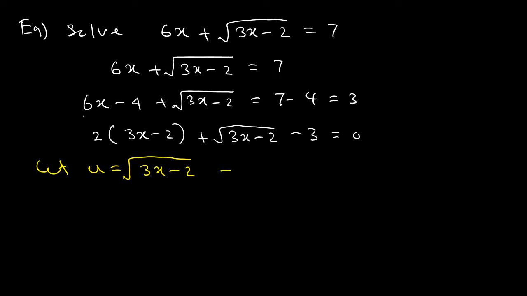Once you do that, you can see u squared is simply 3x minus 2. So you can rewrite the equation like this: 2u squared plus u minus 3 equals 0.